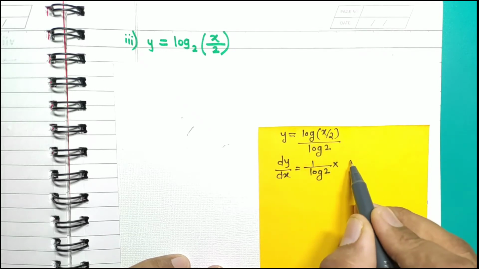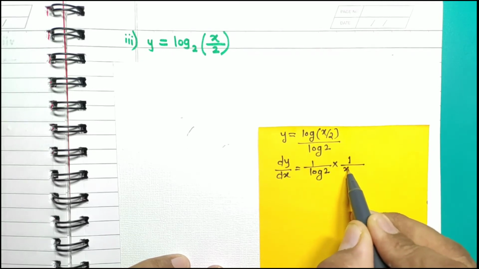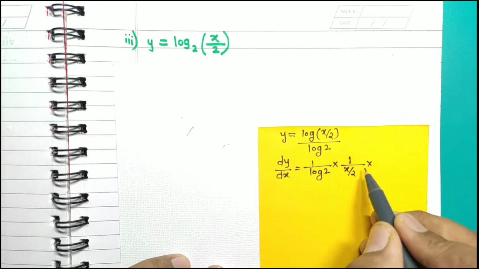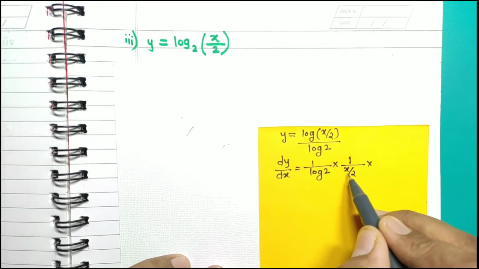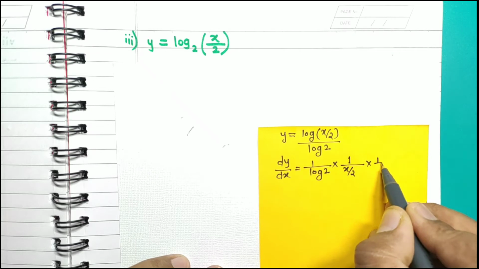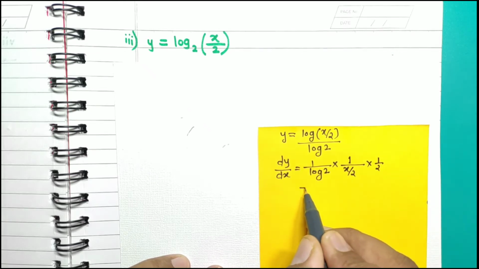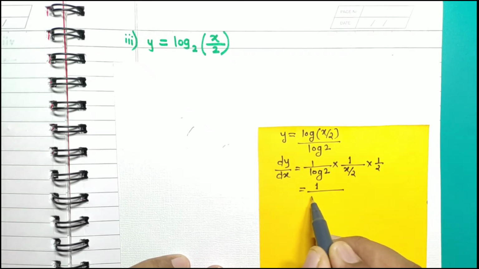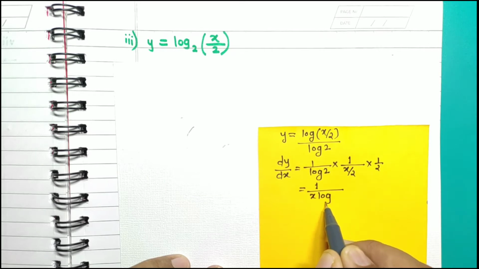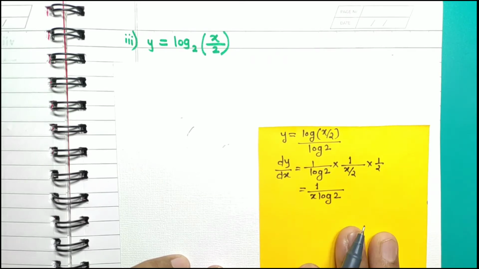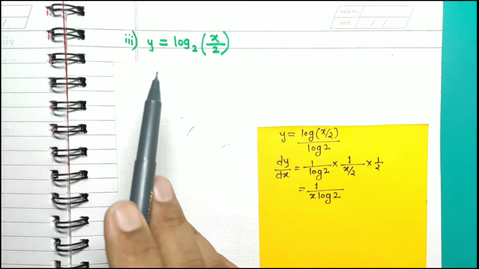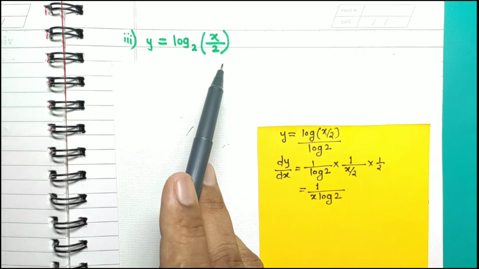It is log of something, so the derivative is 1 upon something into the derivative of something, that means the derivative of x by 2, which is half. These two get cancelled and this derivative is 1 upon x into log 2. Okay, this is by the chain rule, but here we have to use derivatives of inverse functions.